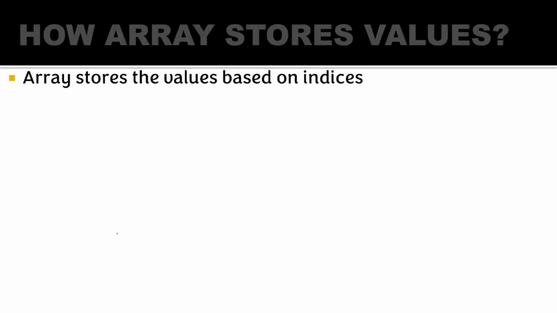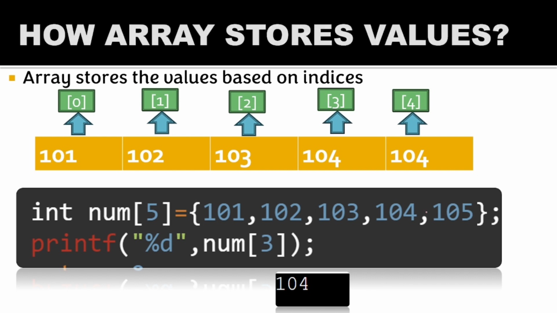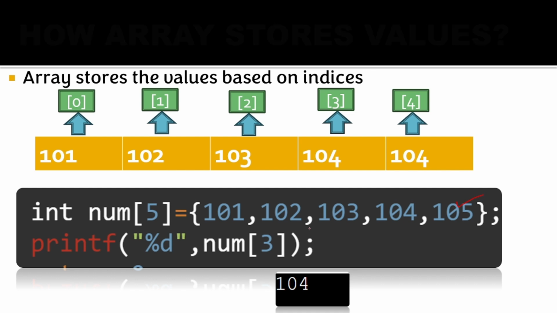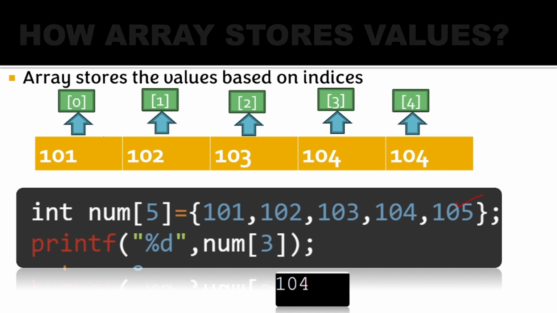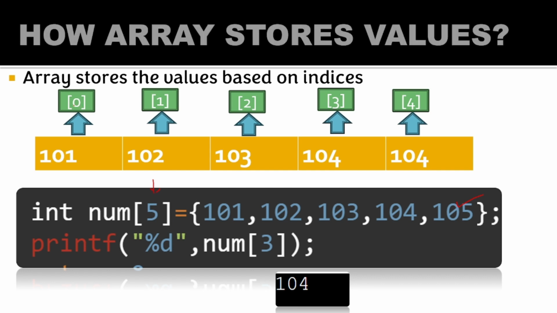There is something called index. Let's say you have declared an array named num of size 5, and you have stored 101, 102, 103, 104, and 105. It maintains an index, and it starts storing from index number 0. So the first value will be stored at num[0], where 101 will be stored.